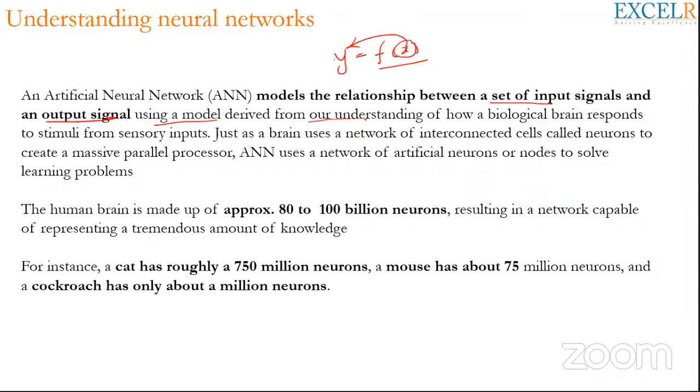If you see the biological brain, it receives signals from various sensory inputs like our eyes, nose, ears, tongue, the skin. These are the different sensors we have as humans. The brain receives inputs from these sensors, processes them, and gives us the information. For example, when you're hearing or seeing something on the screen, the inputs are getting received and processed inside your brain.